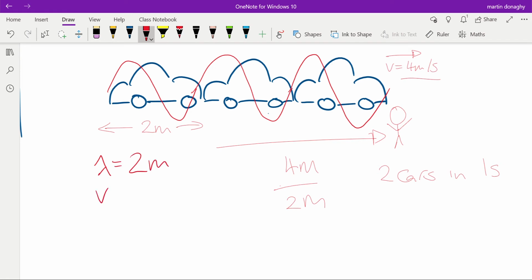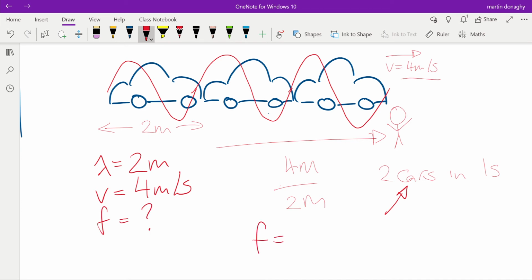Okay, while that velocity would be the velocity that the wave's moving forward, of the progression of the wave. And this thing we calculated here, which was 2 cars in 1 second, that's the number of cars that passes the person in 1 second. In terms of waves, that'll be the number of waves that pass a point in a second, and that is our definition of frequency. And you see what we did to work it out.